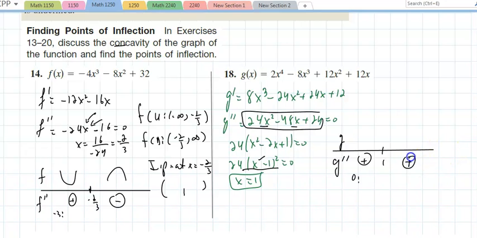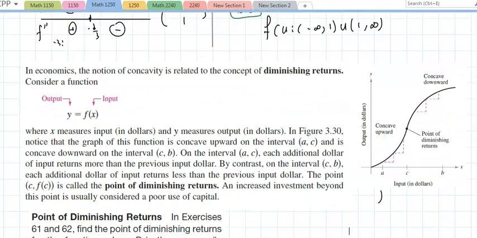That's a positive. So this graph is concaving up, concaving up. We say g is concaving up from negative infinity to 1, union 1 to infinity. So since it was concaving up, then concaving up, that's not an inflection point. You must change direction from concaving up to concaving down, or vice versa.